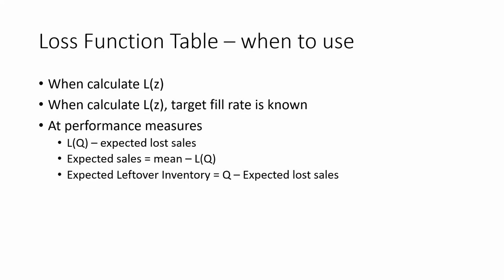When you have Z and need to find L of Z, L of Q, you go to a loss function table. L means loss, so it's the loss function table.